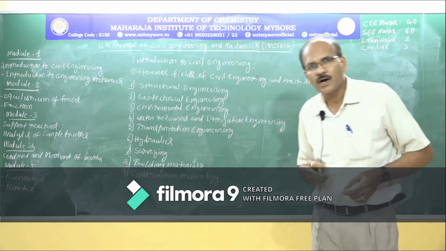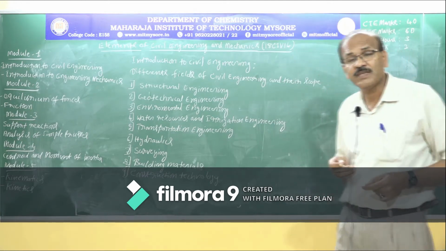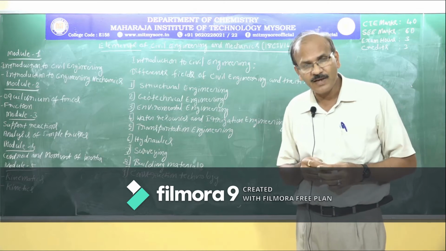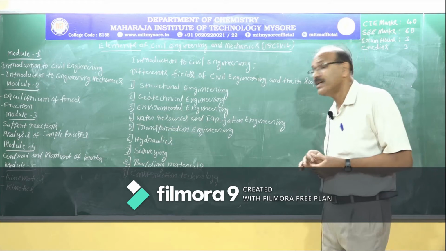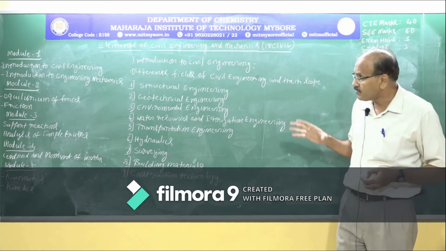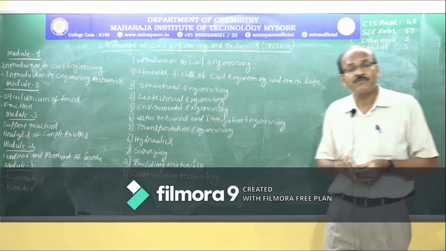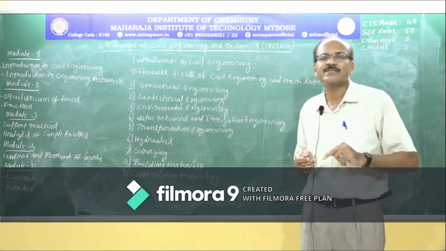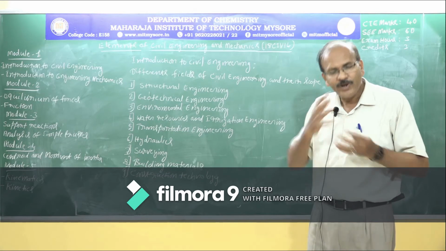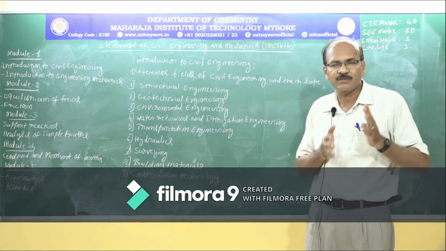Hello, welcome to elements of civil engineering and mechanics class. In fact, that is elements of civil engineering and engineering mechanics. So this subject comes in first and second semester and it comes under physics cycle. A student has to study it in only one semester.